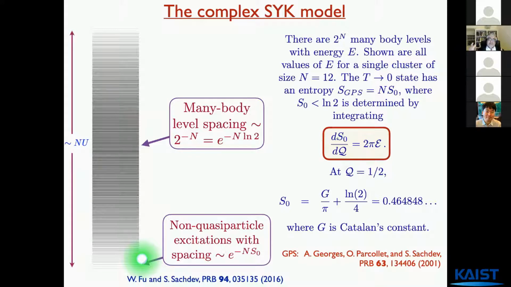And then you get the many body states by adding many different quasi-particle excitations. So at low energies, all the levels will be of order 1 over N, although eventually they become much closer spaced when you get to a finite energy density.